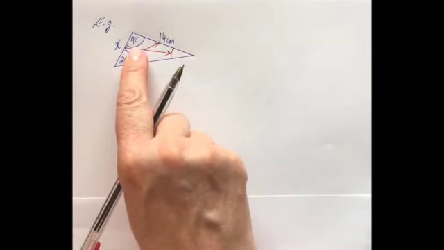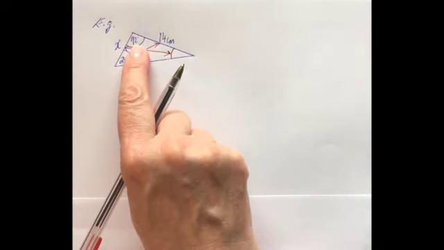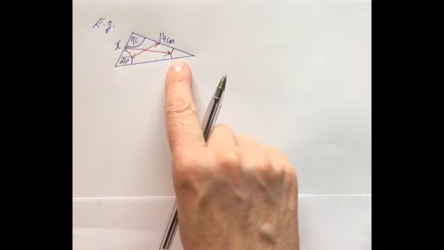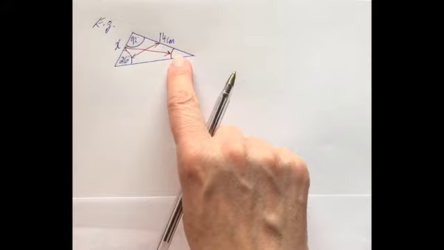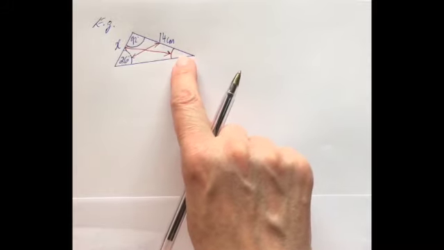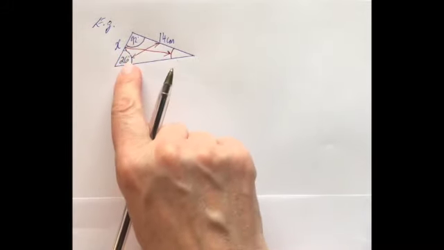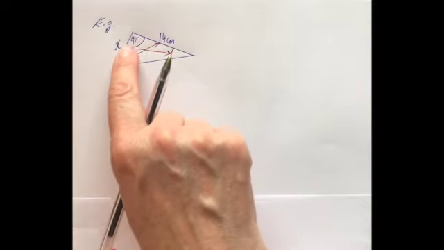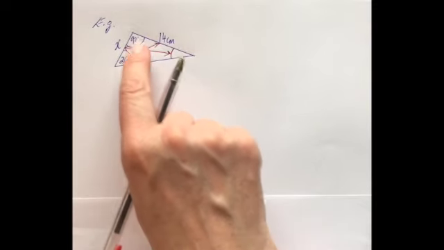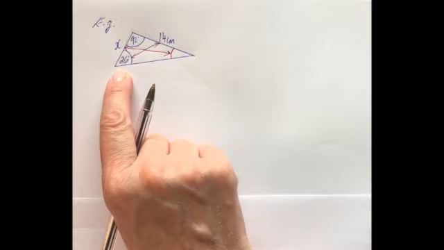Now the interesting thing is I do have the other angle in the triangle. So, although I'm not given the opposites explicitly, I am given enough information that I could figure out the third angle in that triangle, because if I have the other 2 angles, I know, of course, that the 3 angles in any triangle add up to 180.